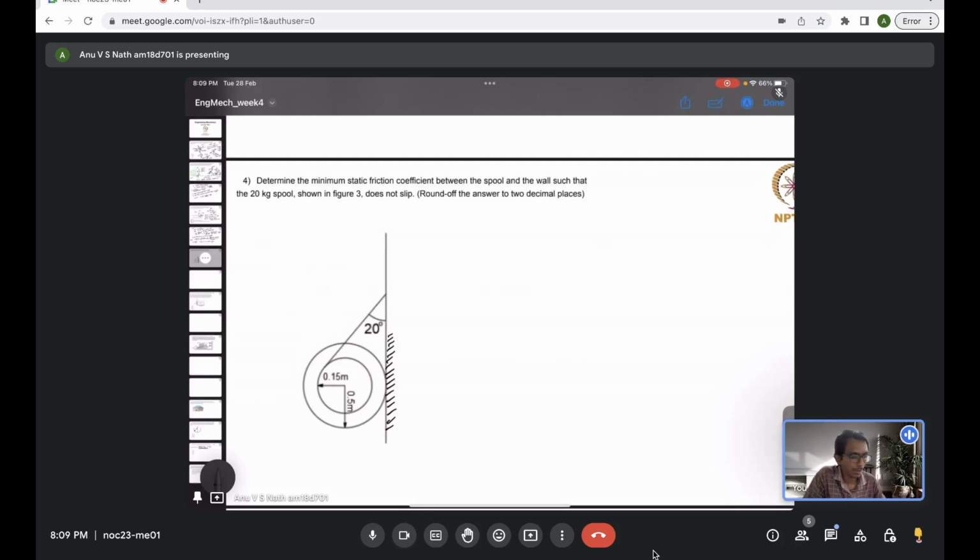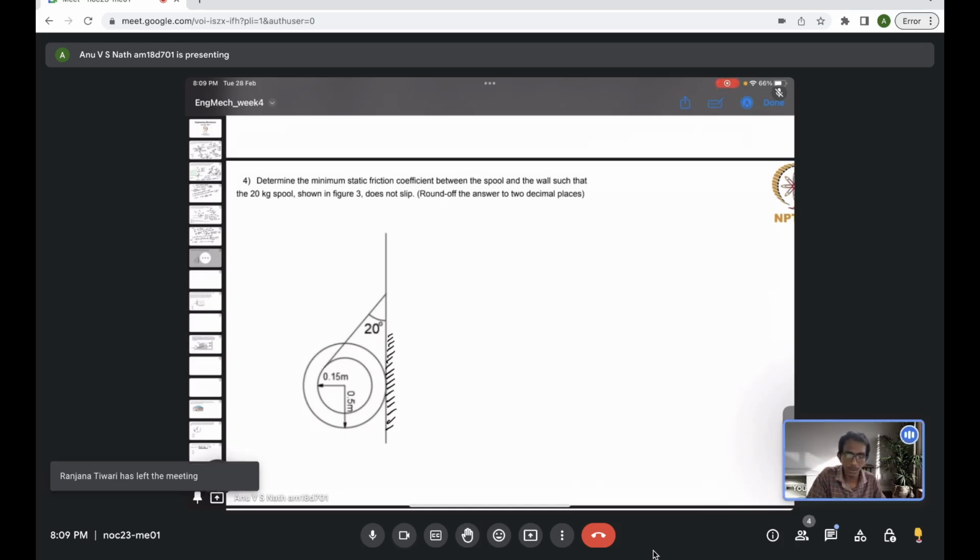The forces acting on the system, I mean the spool: normal reaction from the wall, a tension along the string, its weight through the centroid. And because now we have friction also, there will be a friction acting tangential to the wall, which is trying to stop the motion.